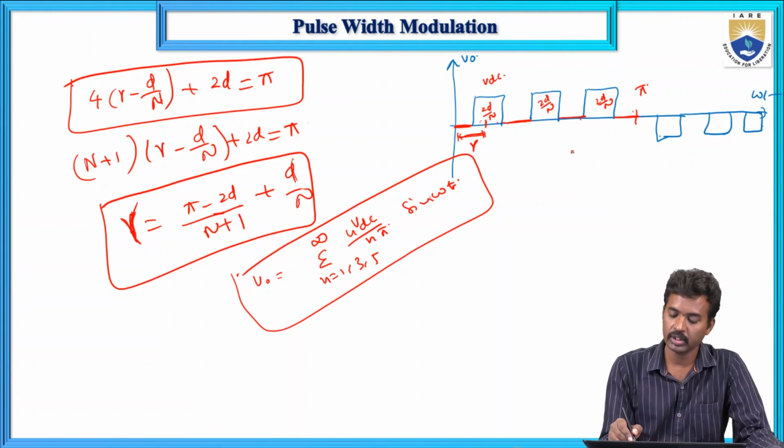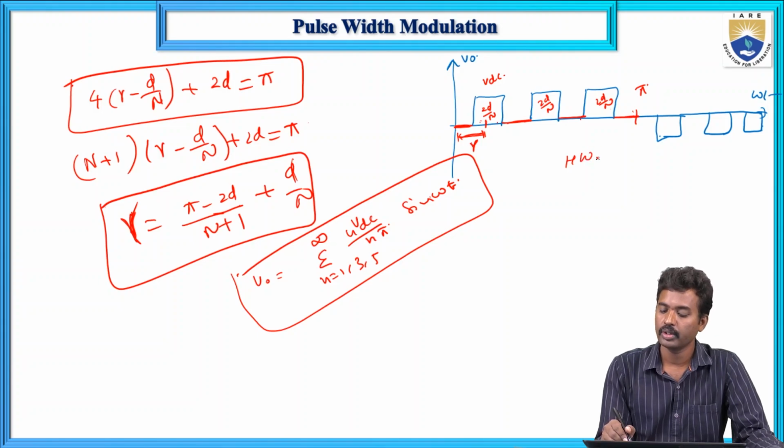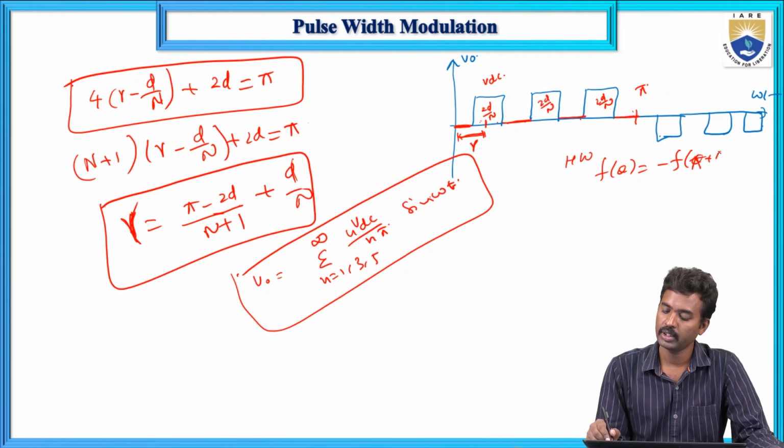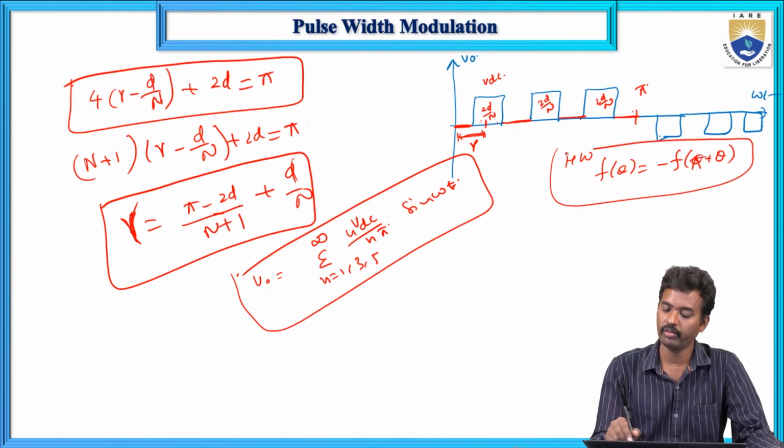For half wave symmetry, f of theta equals minus f of theta plus pi, which we already know.